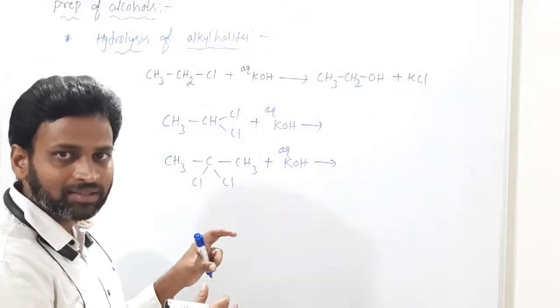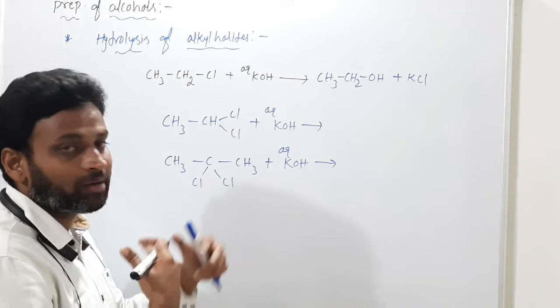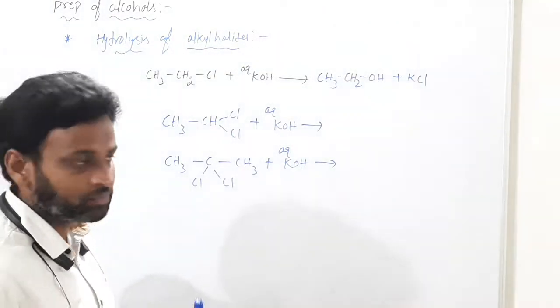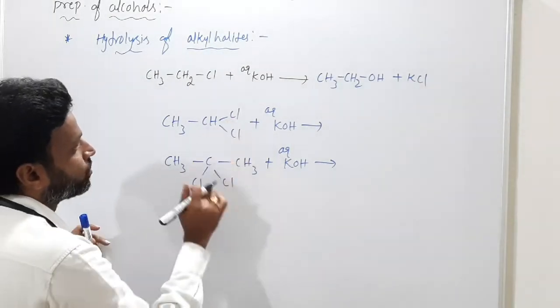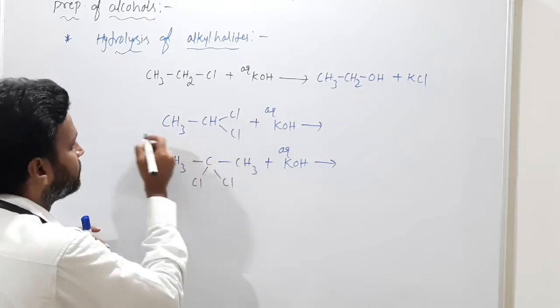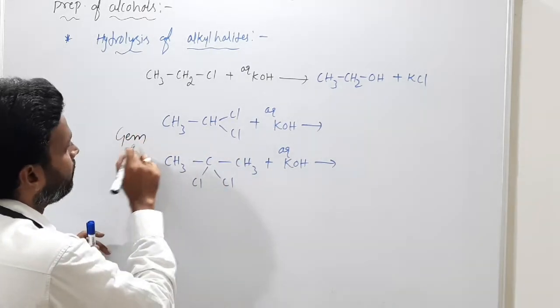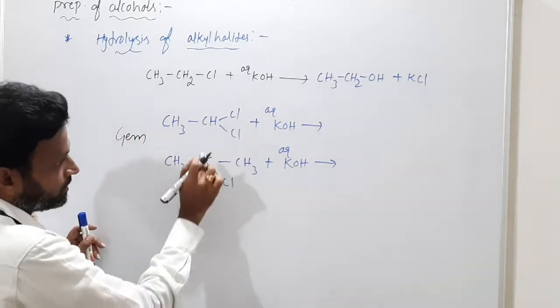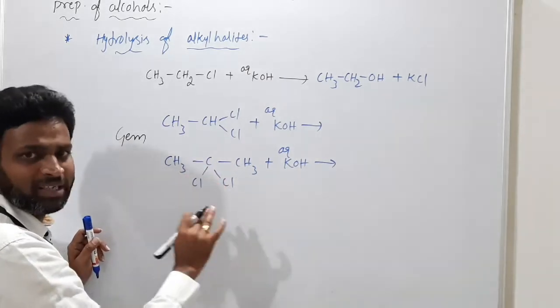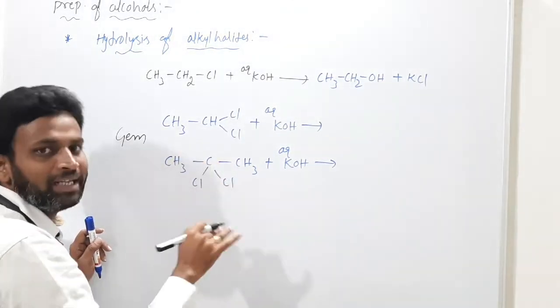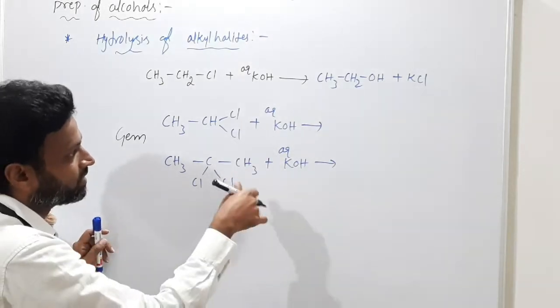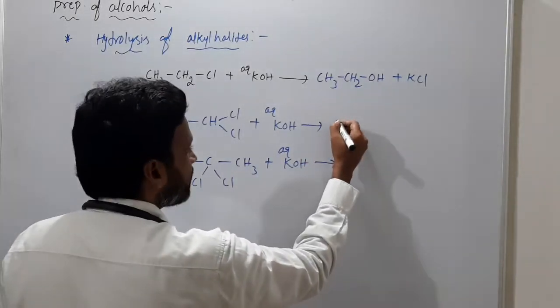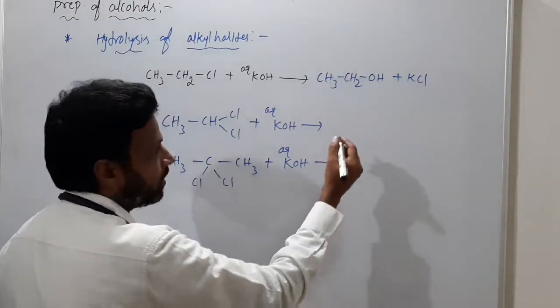So when common reactions come, we have to remember them by comparing. So if I have these 2 chlorines at geminal positions, gem at terminal carbon, gem at middle carbon, middle means not exactly middle, any middle carbon, then what is the difference here? Here you first get a diol only.